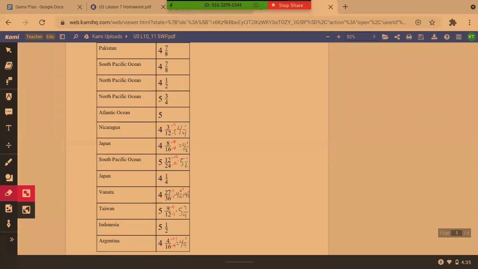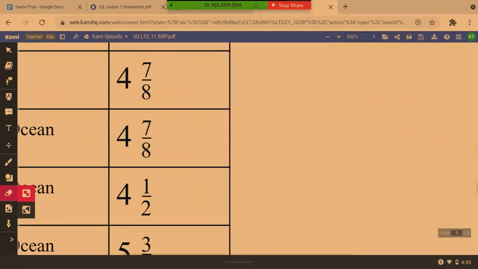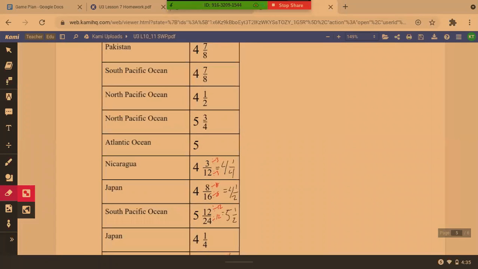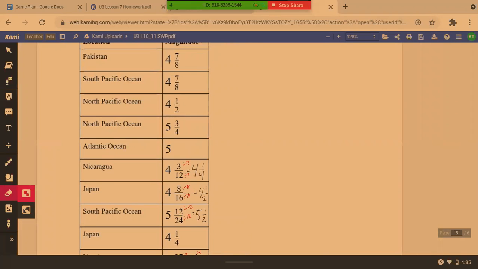Why? It's because they all have different denominators. I need to get these fractions with the same denominators so I can compare them evenly, because I don't know if 7/8 is bigger or smaller than 3/4. So let's convert all of these fractions to a common denominator.